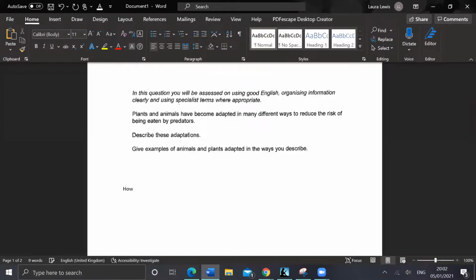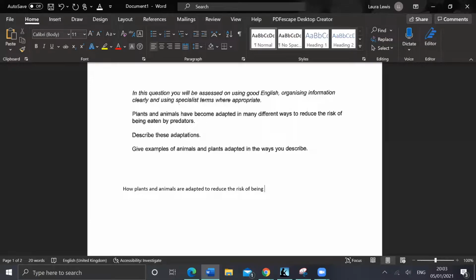We just write it again to establish it in our minds what he's asking: how plants and animals are adapted to reduce the risk of being eaten by predators. So what they can do to stop themselves being eaten by predators.